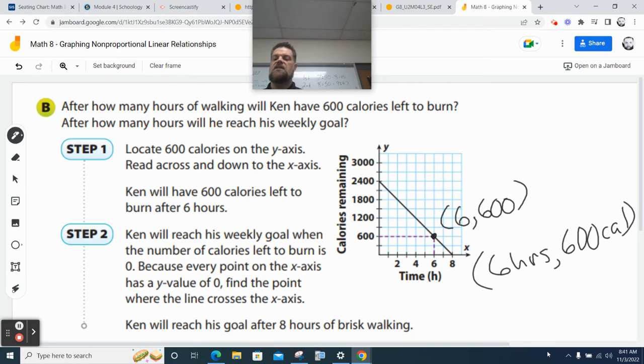And so he's going to eat, right? And so he wants to get down to 0. You're going to burn 2,400 calories just being awake, walking to and from. This is a bit extreme, but they're saying that if he walks for 8 hours straight, he'll burn up all the calories that he eats each day.